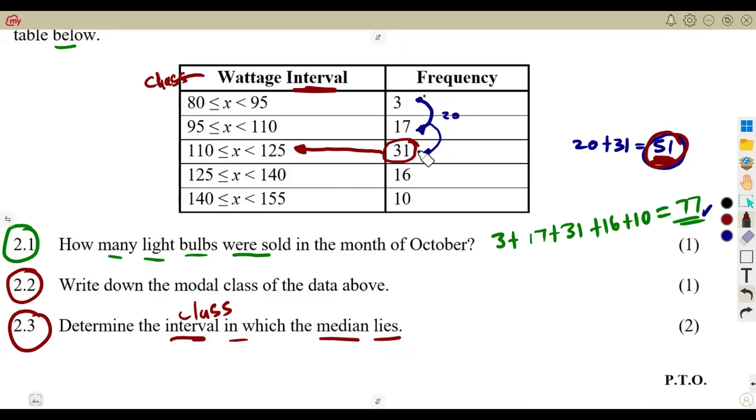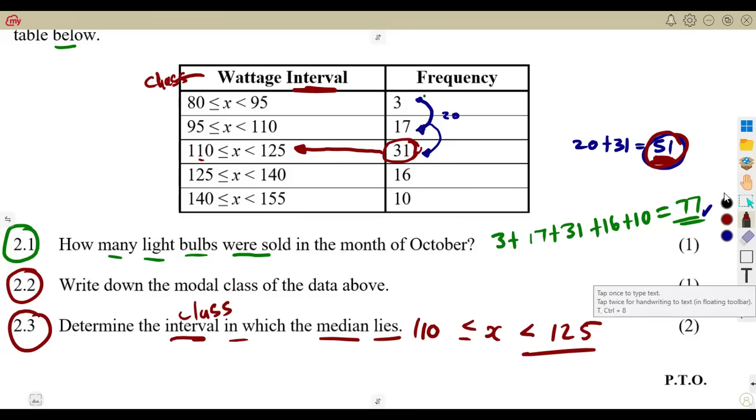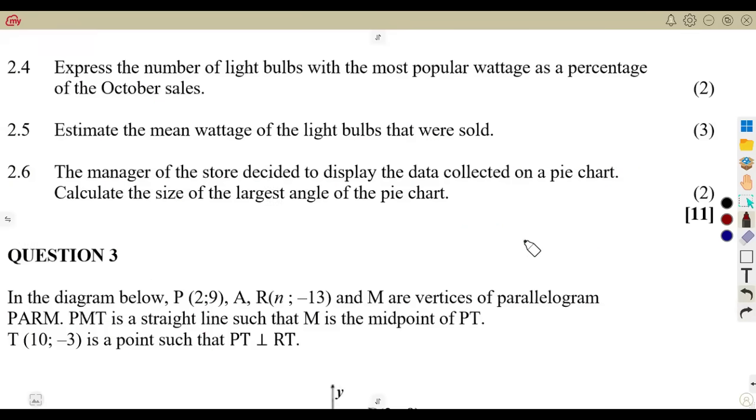It is going to be found in this interval of 110 that we are given there, where x is greater than or equal to 110, but less than 125. That is where our median was going to be found. We write that interval as it is given there.